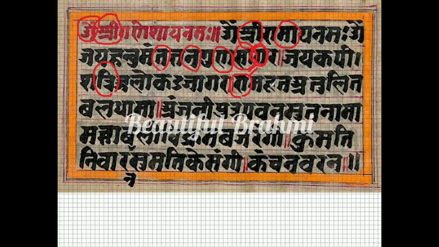Now, Rama, Duta. Similarly, Du and Ha seem to be similar. This Du over here with a Dirgha U and this Ha over here appear to be similar. Rama, Duta, Atulita, Baladhama, a Viramam.